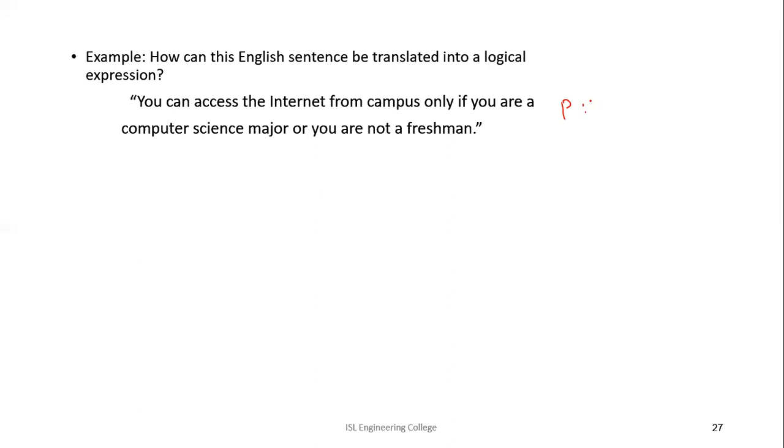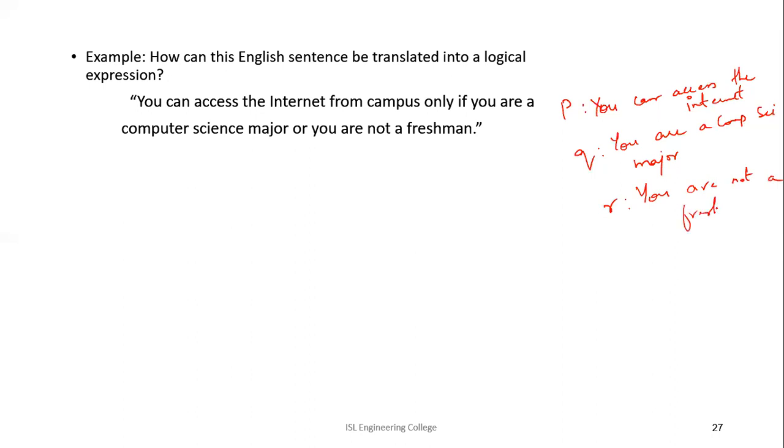P is you can access the internet, Q will be you are a computer science major, and R is you are not a freshman.